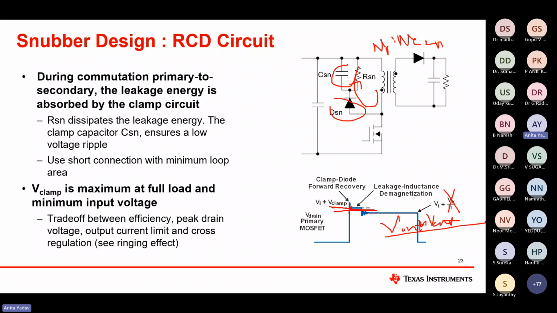The voltage rating of this cap is selected by how much overshoot you are allowing for a short duration during switching. So the snubber voltage V clamp becomes equal to N V out plus the overshoot allowed.